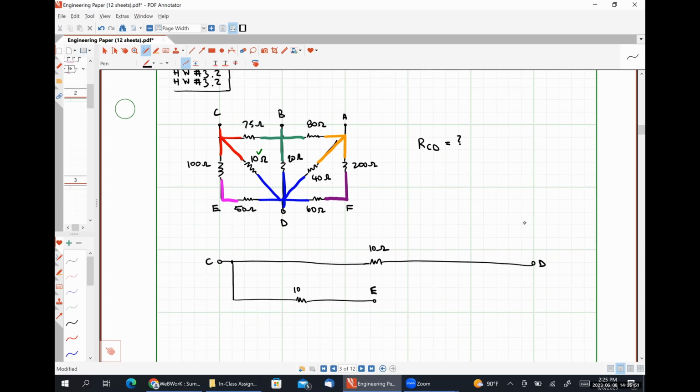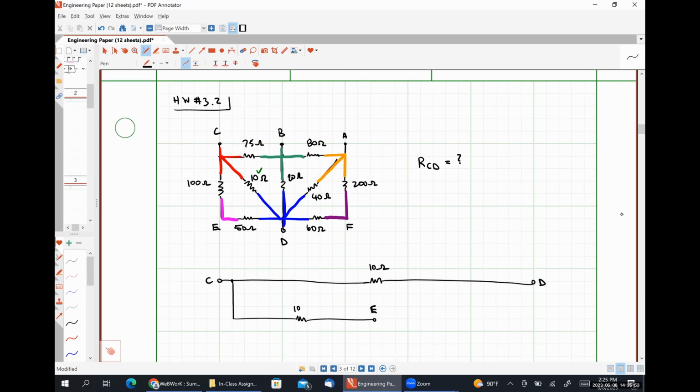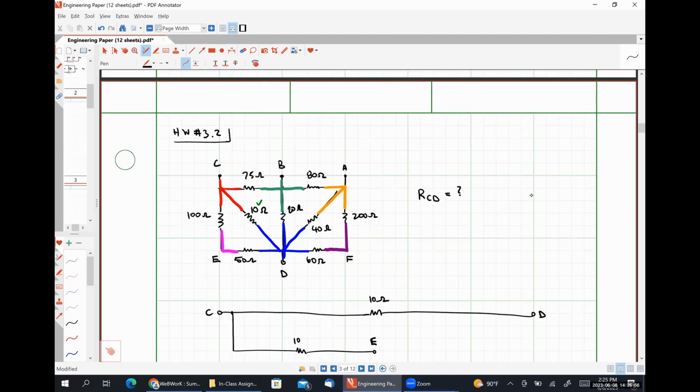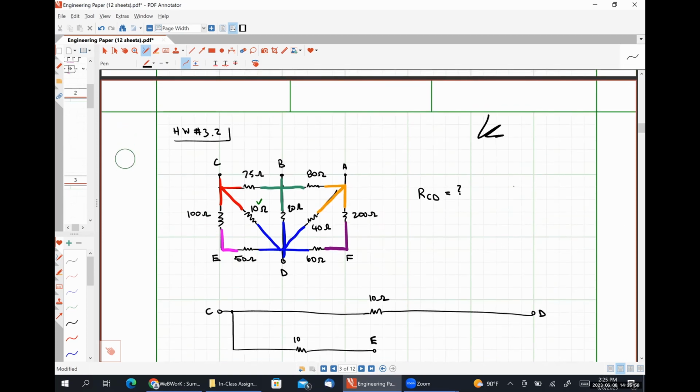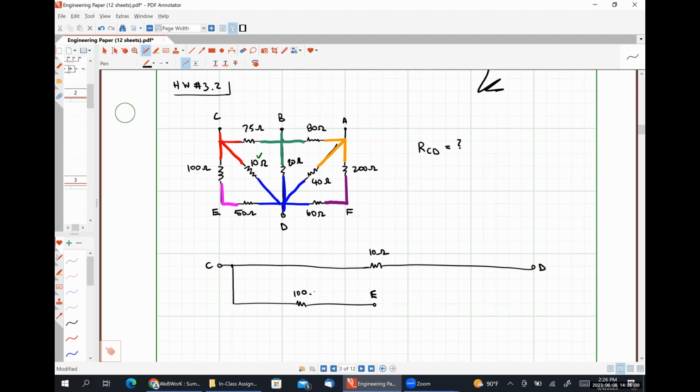Stylus isn't writing. There we go. And then to go from E to D, I need to go through the 50 ohm resistor. That takes care of this guy and this guy.